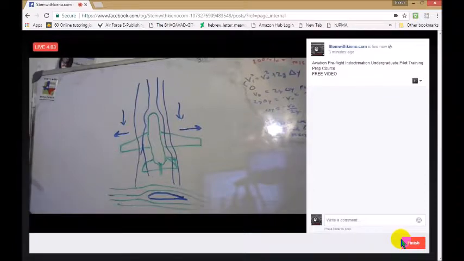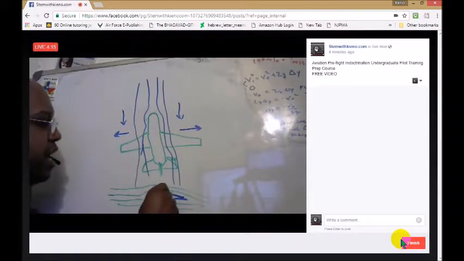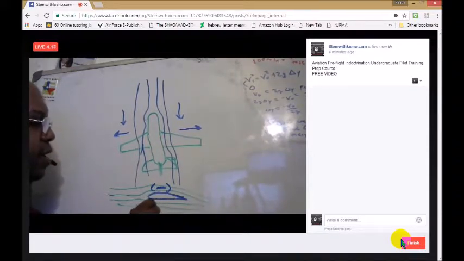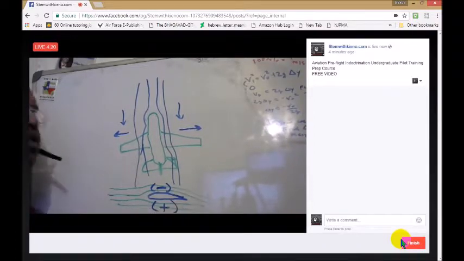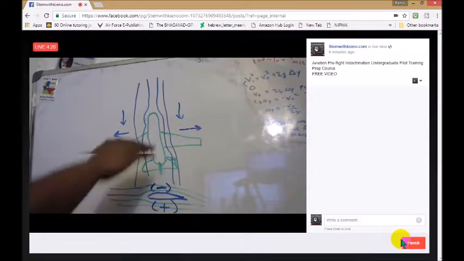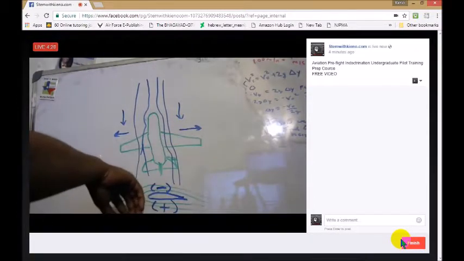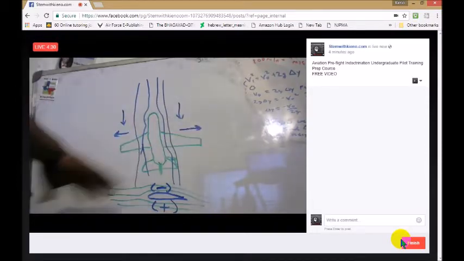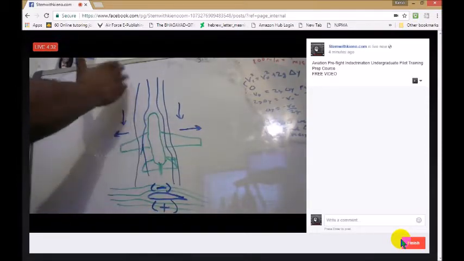Bernoulli's principle states that as the velocity of a fluid increases, its internal pressure decreases. So we get negative pressure on the top of the wing, and we get positive pressure on the bottom. Newton's third law of motion: for every force there's an equal and opposite force. So the spanwise airflow is not responsible for lift. It's just a force that's going to be produced as the aircraft flies through the air.